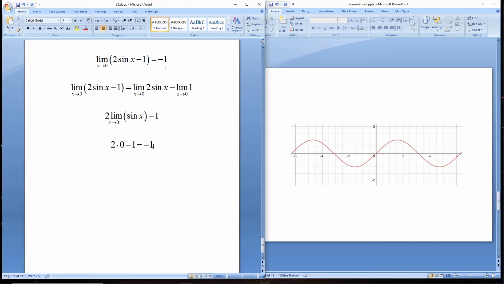Now notice again, we can get this answer, -1, by simply plugging in x equals 0. And this, just plugging in a number, always works if you have a solid line. And that is the caveat here.